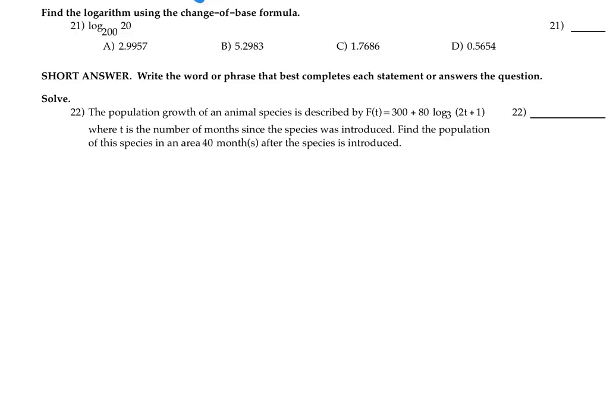Okay, on this last one, it says T is the number of months since this species was introduced. So they're talking about finding the population of this species that's endangered probably and trying to track it over time. Okay, and so T is the number of months. So T is 40. Kind of like the one we did earlier.